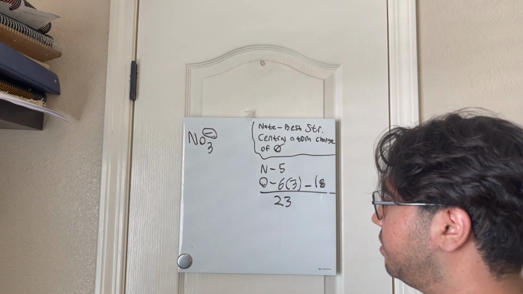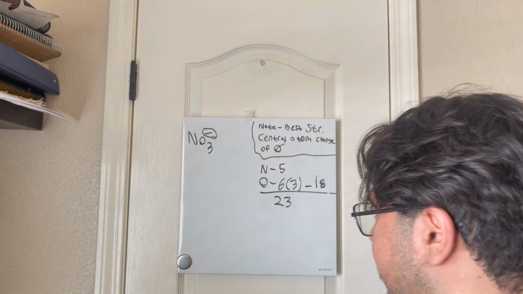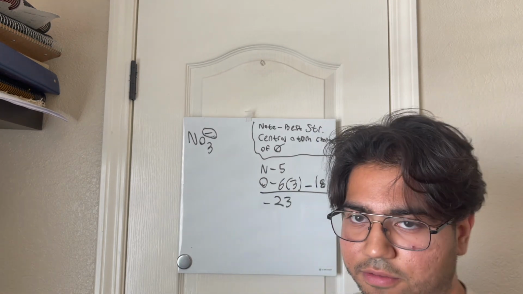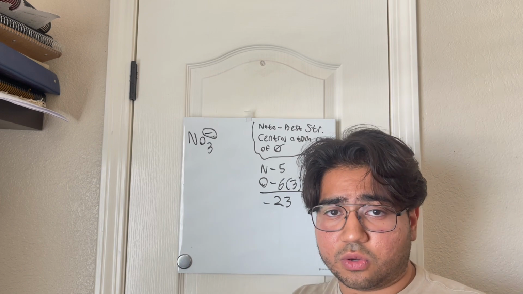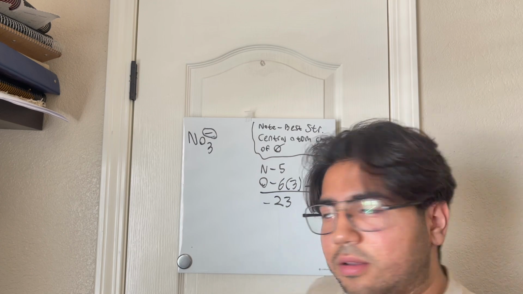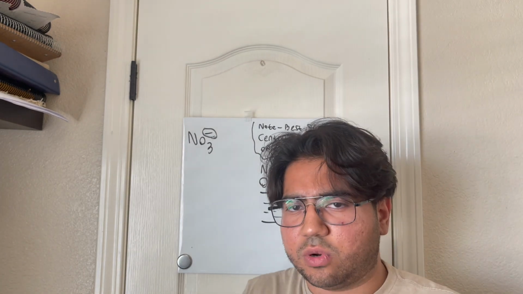The reason is because we're counting electrons, and electrons are negatively charged, okay? In reality, I guess we could make this number negative, because we're counting negative charges. So to include the charge, if we have a negative charge, we have to include it into the count. So it's negative 23 minus 1, which is just 24.